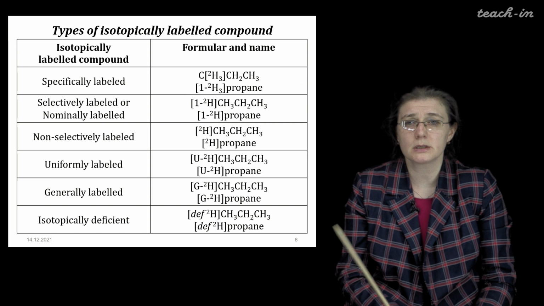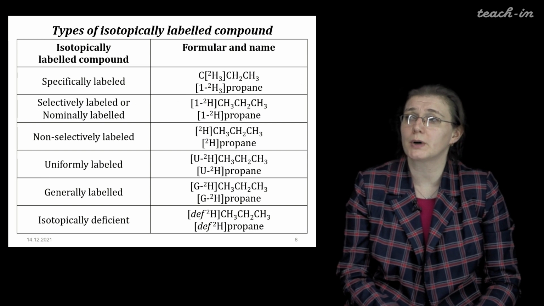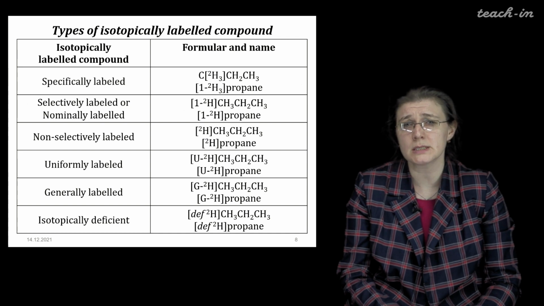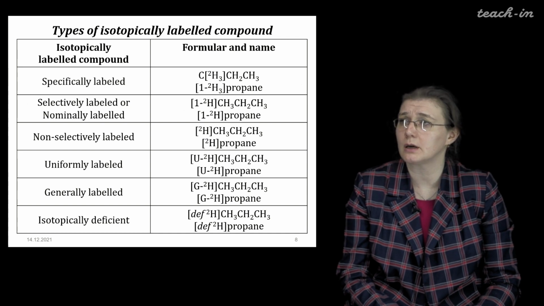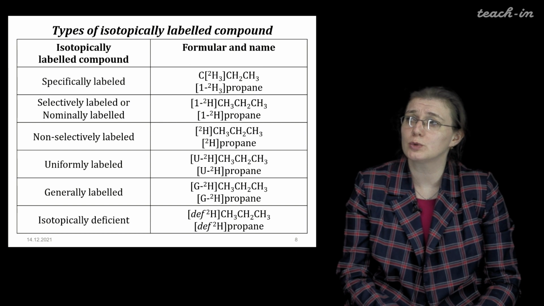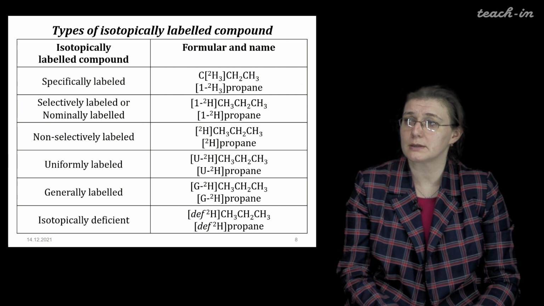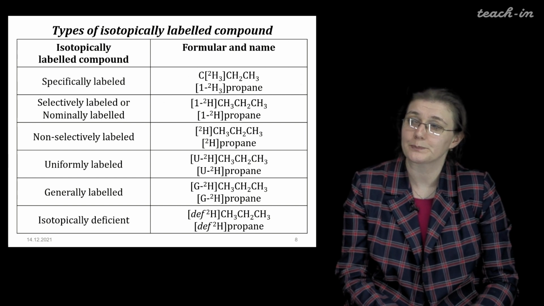And there are several types of isotopically labeled compounds, which are listed here in the table. They include specifically labeled compounds, selectively labeled or nominally labeled, non-selectively labeled compounds, uniformly labeled, generally labeled, and finally isotopically deficient.